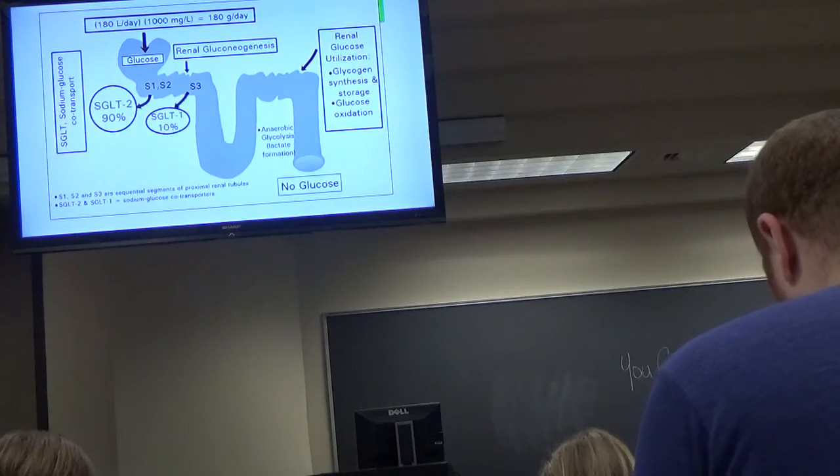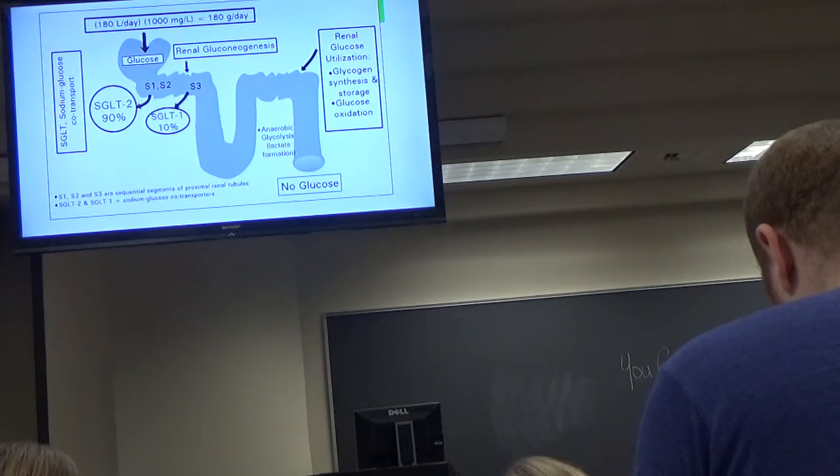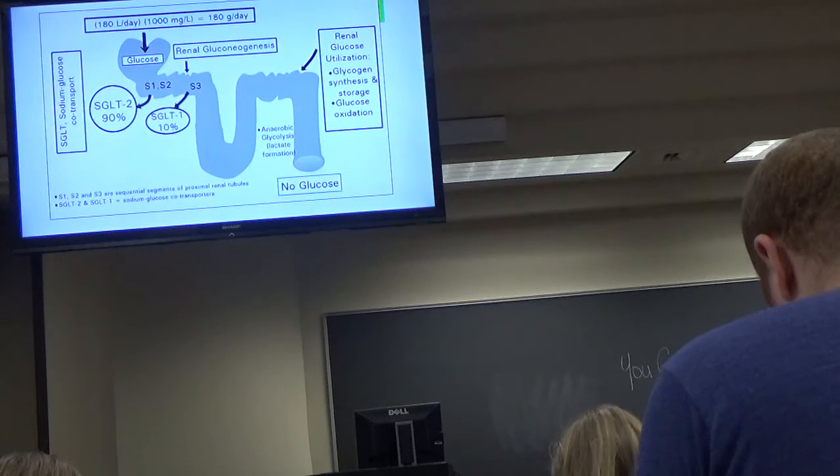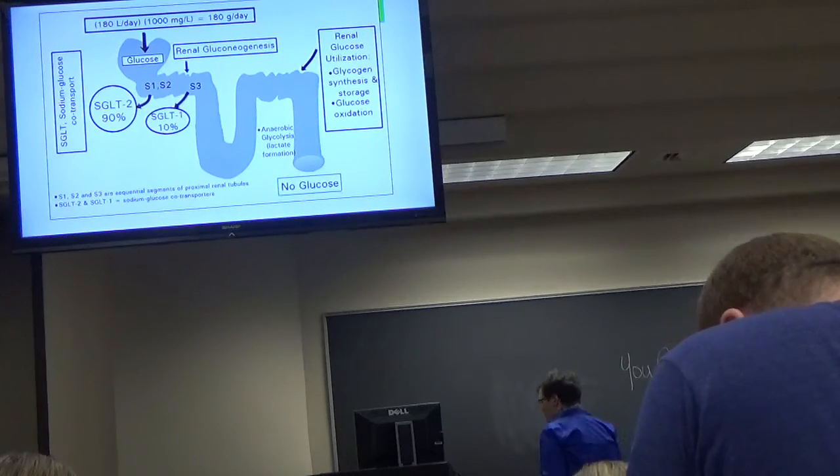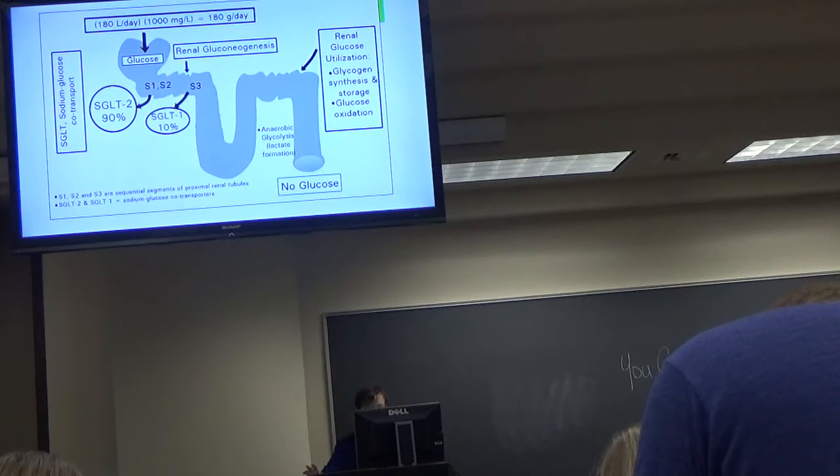So that production of glucose can be significant and add to the problems of high blood sugar. And so this also kind of helps get rid of that sugar that the kidney is producing. So normally, 100% is reabsorbed, no glucose in the urine.